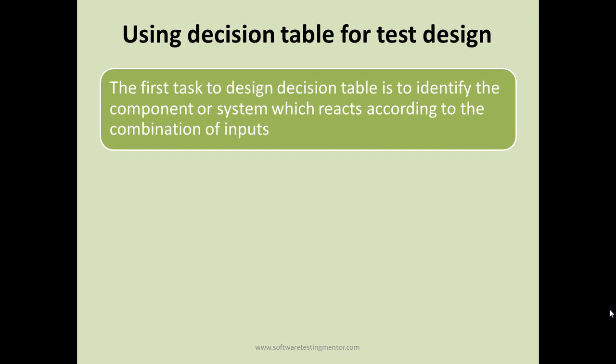For example, the mortgage calculator: you enter the loan amount, you enter the rate of interest, you enter the tenure, and based on the different conditions of these three values, the outcome, that is the processed equated monthly installment, varies.